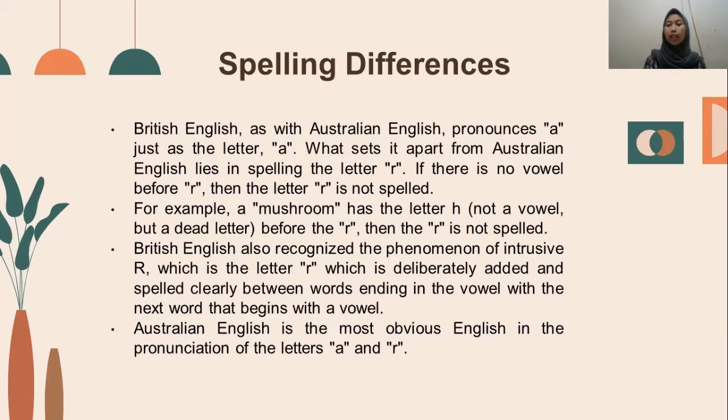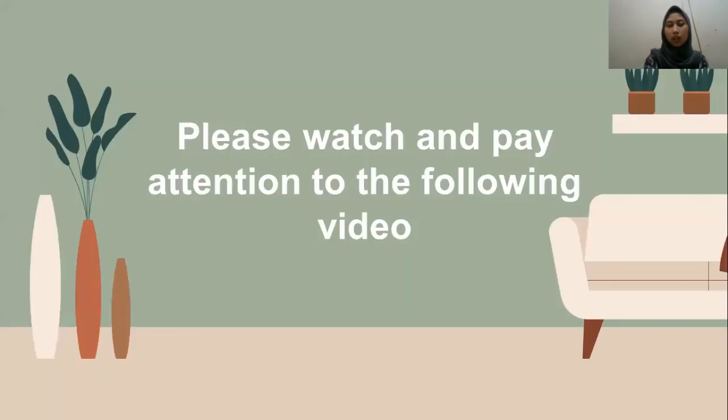And Australian English is the most obvious in the pronunciation of the letters A and R. So here we have two videos to show the accents, and please watch and pay attention to the following video.